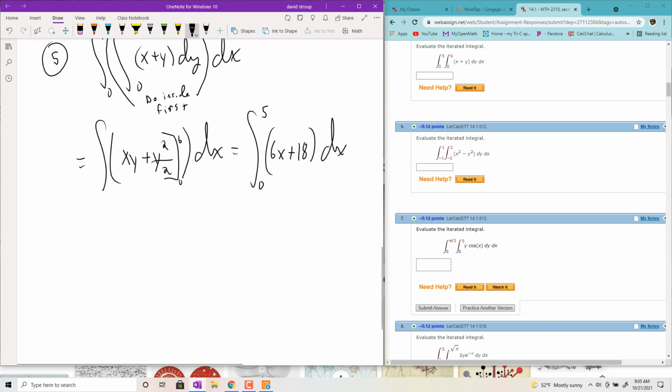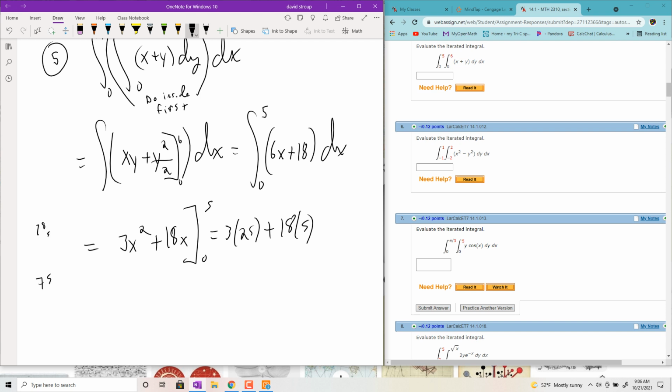Okay, so going ahead with the integration now. 6x squared over 2 is 3x squared plus then 18x from 0 to 5. So you get 3 times 25 plus 18 times 5. And then I guess minus 0. So it looks like we get 75, and then 18 times 5, I guess 90.